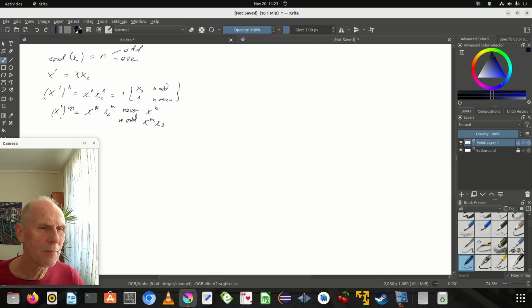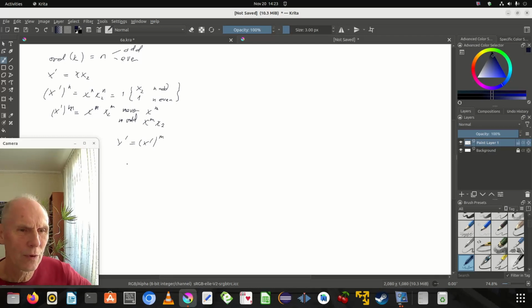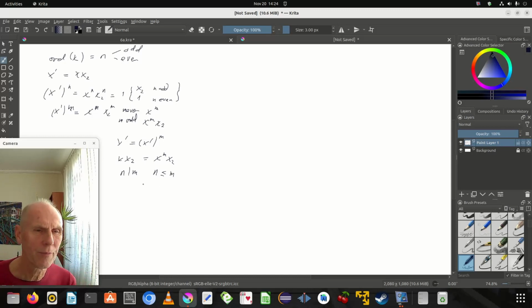Can they actually be alike? So chi 2 equals chi to the nth chi 2. So if they are alike, it means that m is a multiple of n. In particular, that m is larger than or equal to n.